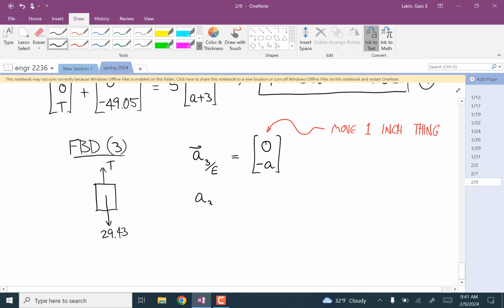The acceleration of the 3 relative to the ground is equal to the acceleration of the 3 relative to the elevator, plus the acceleration of the elevator relative to the ground.